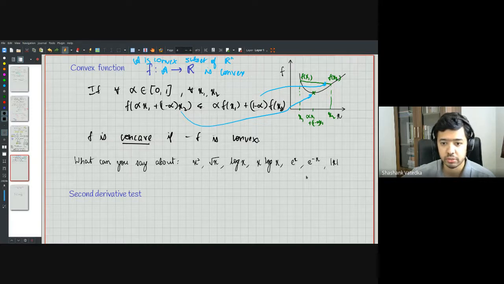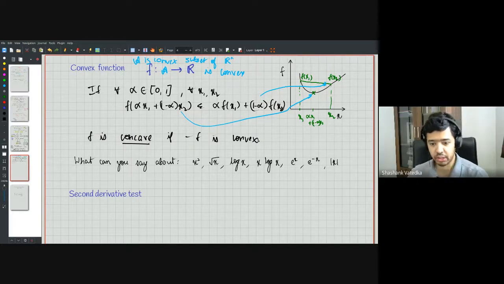So x square is convex. What about, let's say, e power x? So is e power x convex or concave? Convex. It's convex, right? What about log x? Could be concave, sir. Yeah, it's going to be concave.